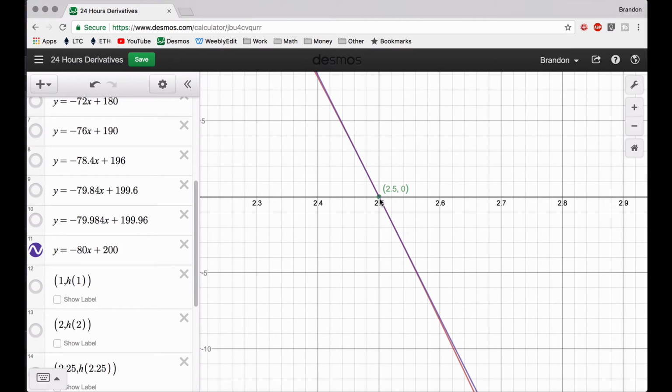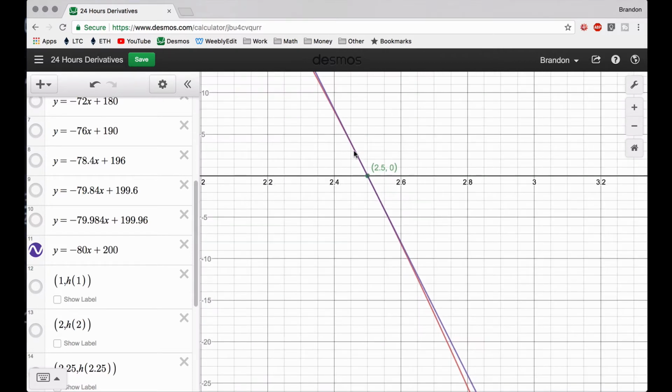Technically, this is the only point where this purple line touches that red curve, and hence the tangent line. It skims right across it. It does not pass through 2 points here. So this is our tangent slope, our derivative when time equals 2.5. This is the equation of our tangent line at the point 2.5 comma 0.